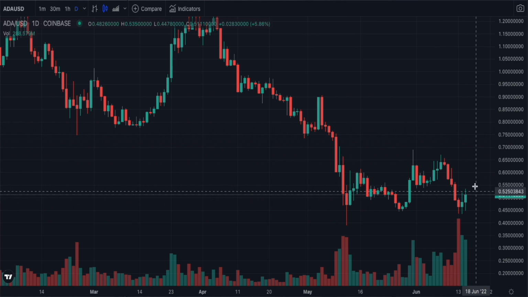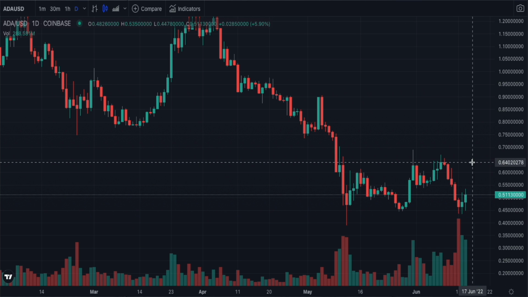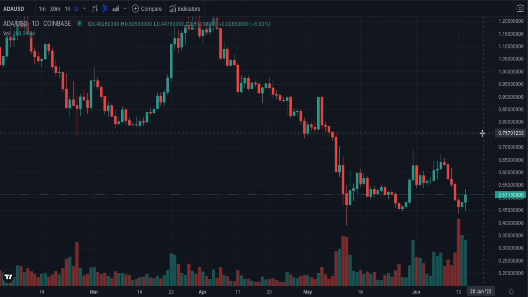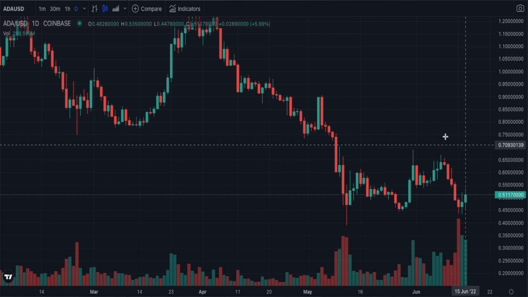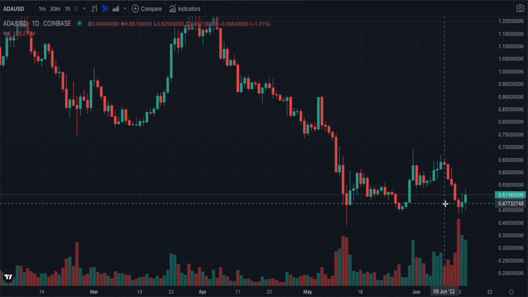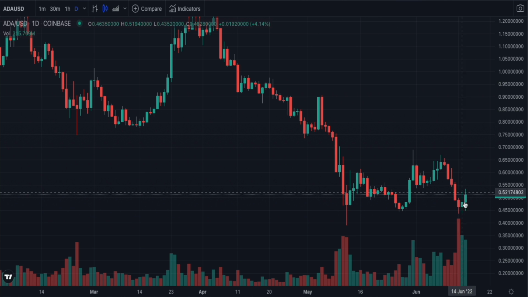So we're still in this 45 to 65 cent range here, which is much, much more bullish than the Bitcoin chart is. So if Bitcoin can find any type of footing and hold, the chances are that Cardano is going to be moving up, because we are in a more bullish position than the Bitcoin or Ethereum charts are. So this is looking very nice.